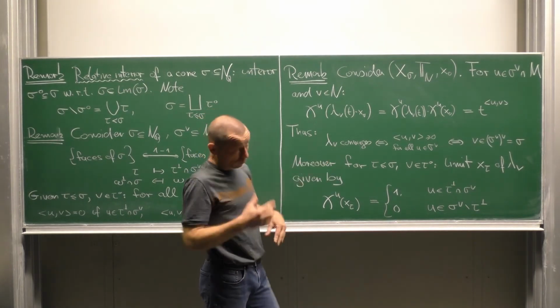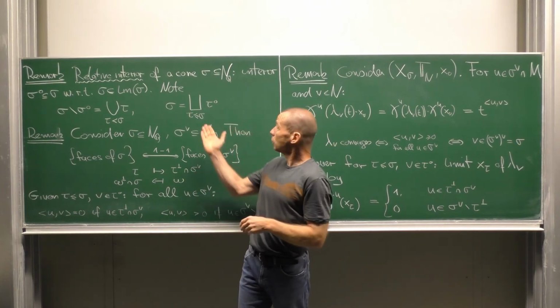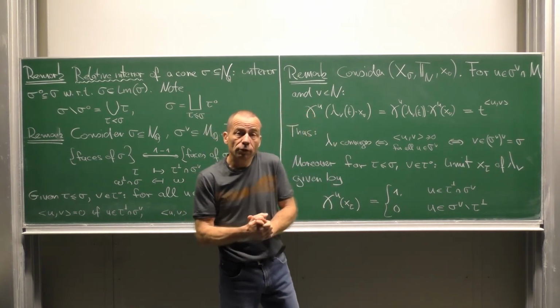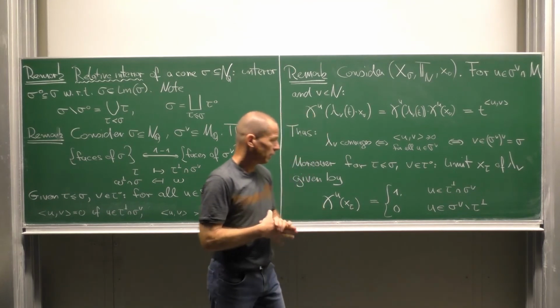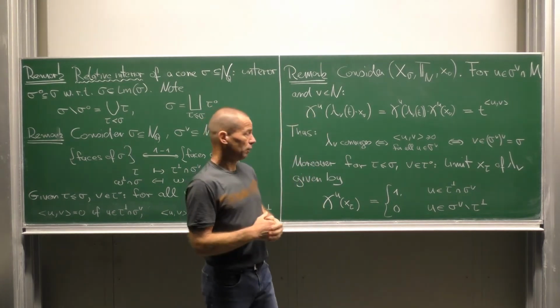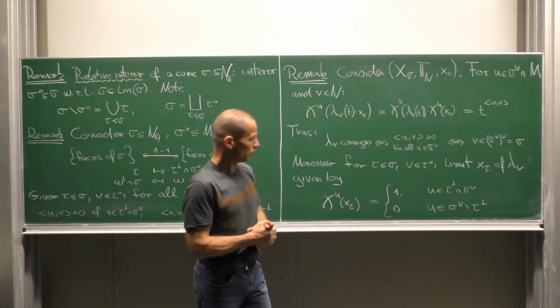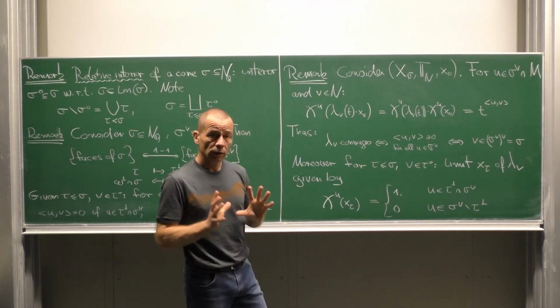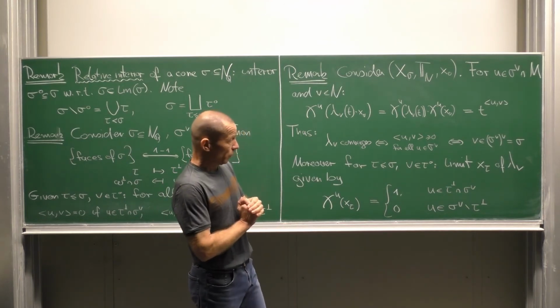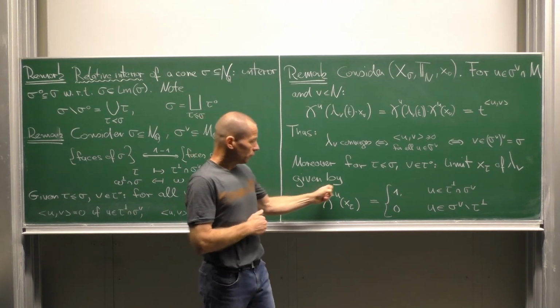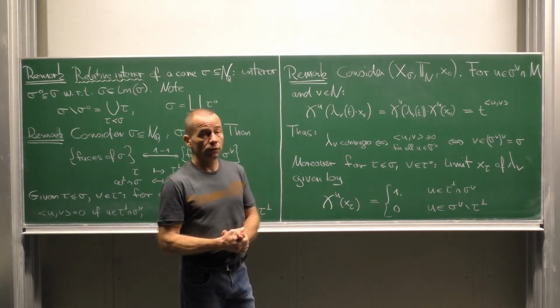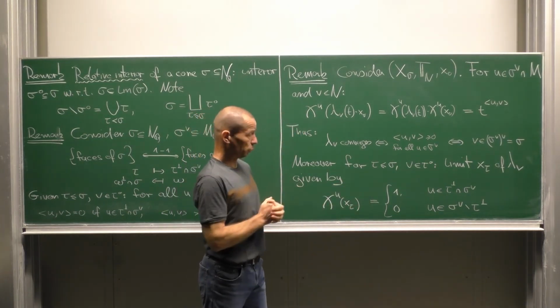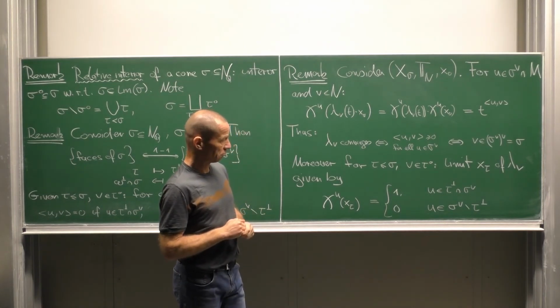Now we know that the cone sigma is a disjoint union over all relative interiors of the faces. Given the vector v in the relative interior of a face tau, we can evaluate also the character functions on this limit point x tau.